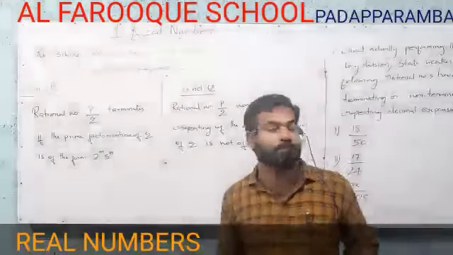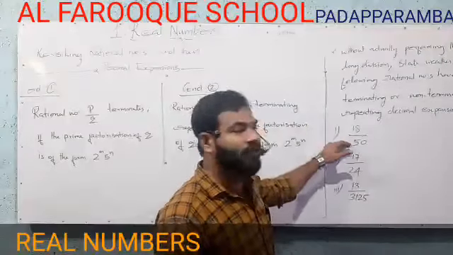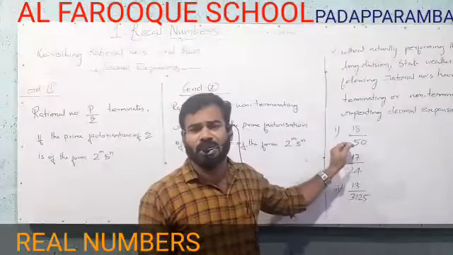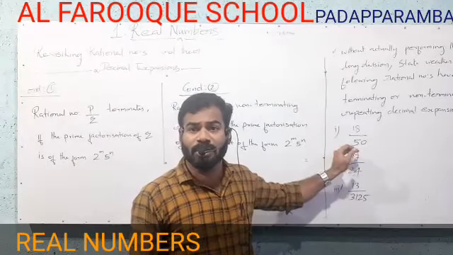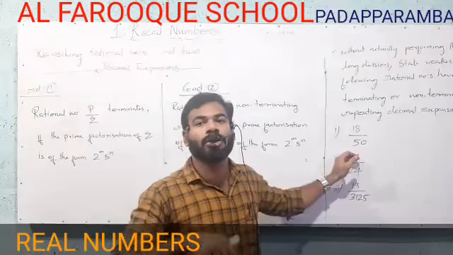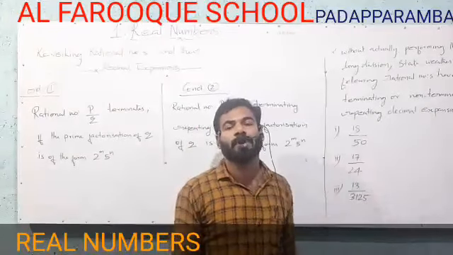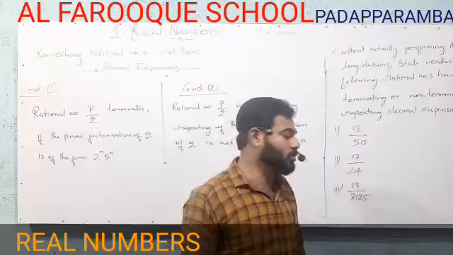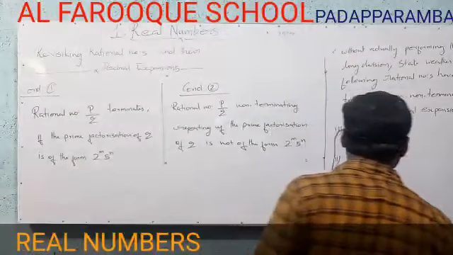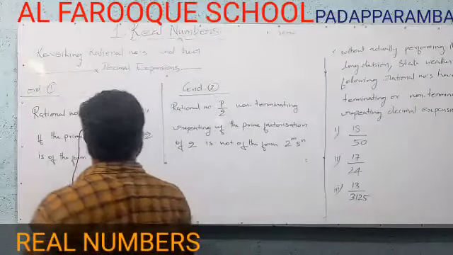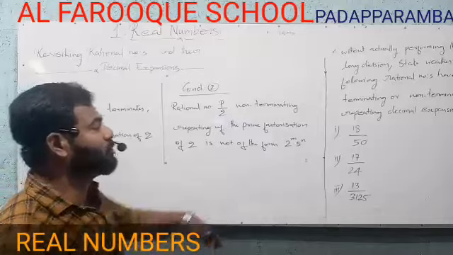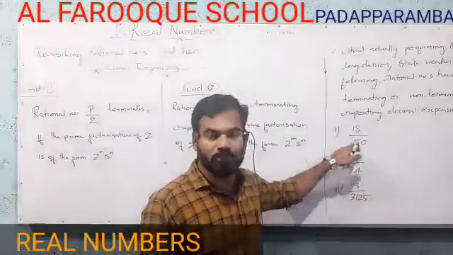Question number 1: 18 by 50. We have to check whether the rational number is terminating or non-terminating repeating without actually performing the long division. For that, we have to find out the prime factorization of the denominator.